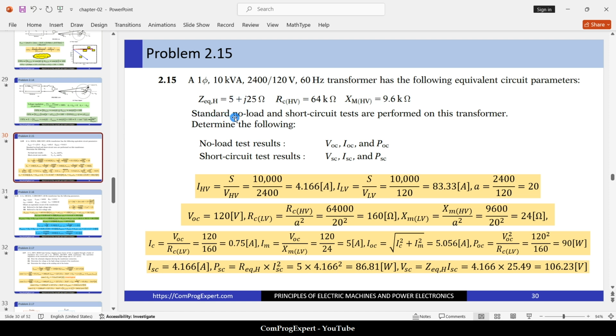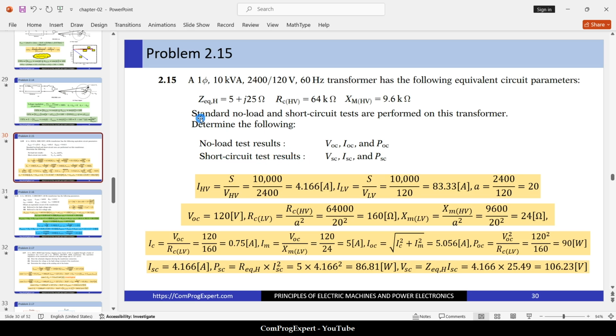A standard no load and short circuit tests are performed on this transformer. Determine the following: no load test results, short circuit test results.